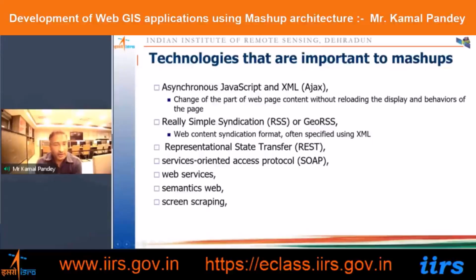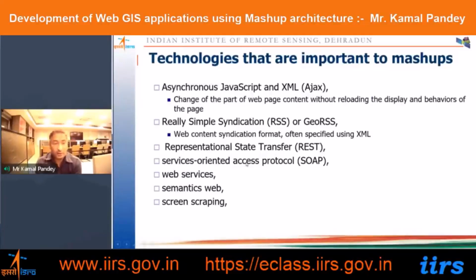Another is Representational State Transfer, REST. This is again an architectural style which allows us to get access to remote resources. How do we access those resources? Through a URL we can access those resources.